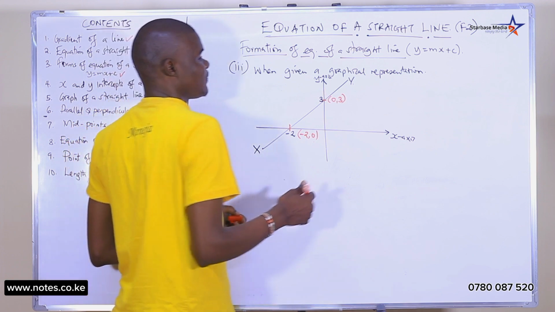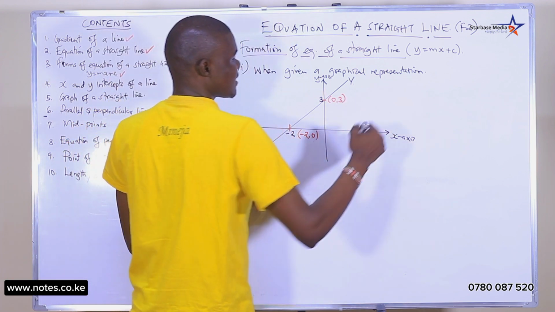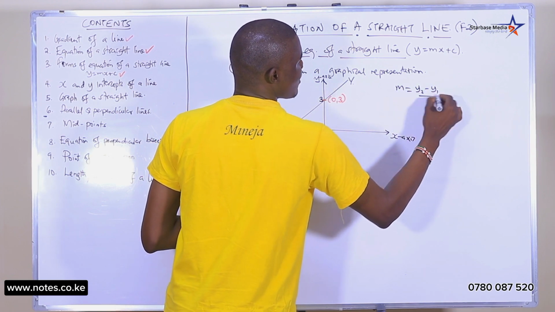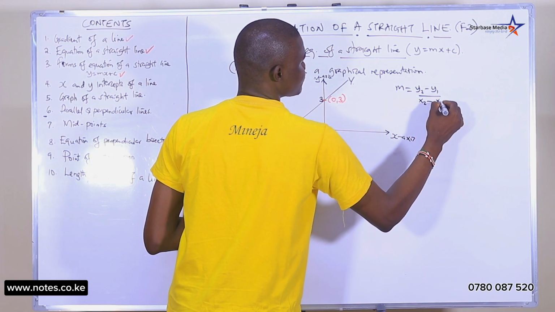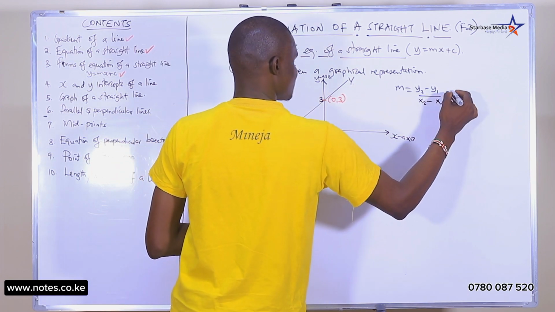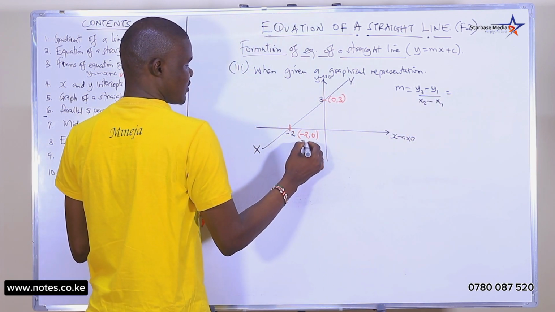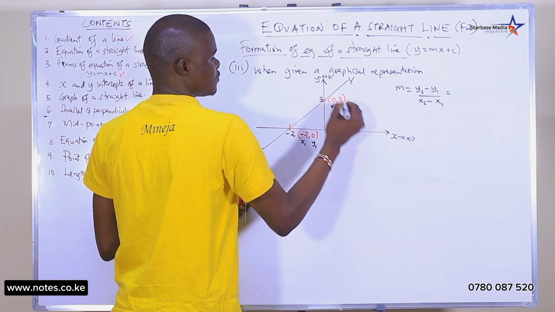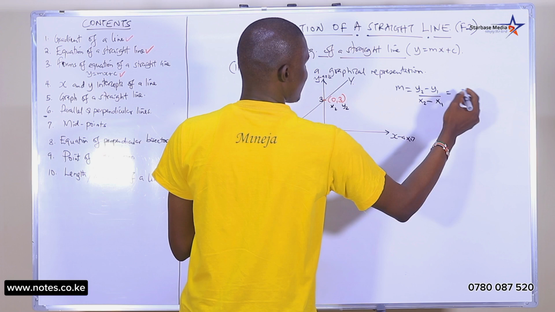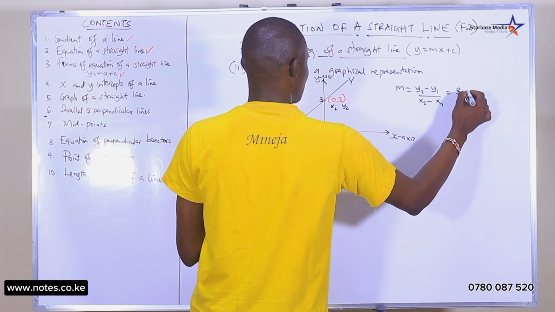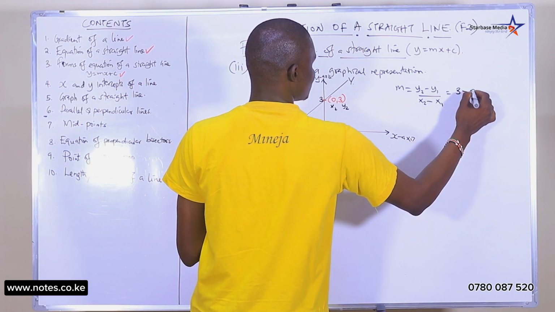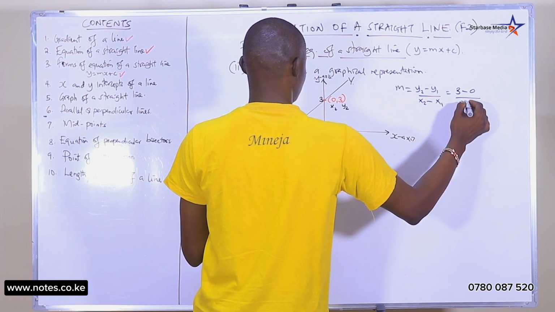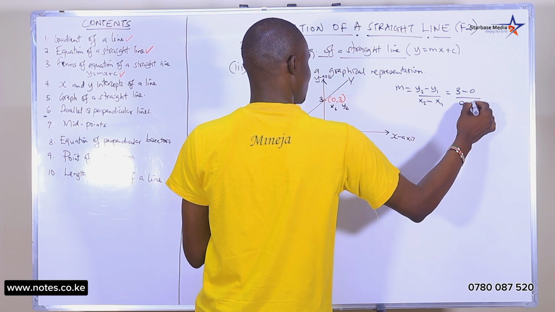How do I get the gradient? I say gradient is equals to change in y over change in x. So I can label them. This is my x1, y1, x2, y2. So y2 is 3 minus y1 0, over x2 is 0 minus, in bracket, -2.